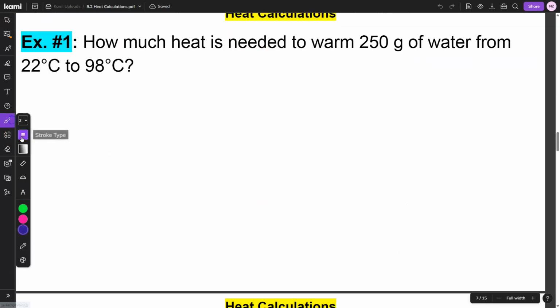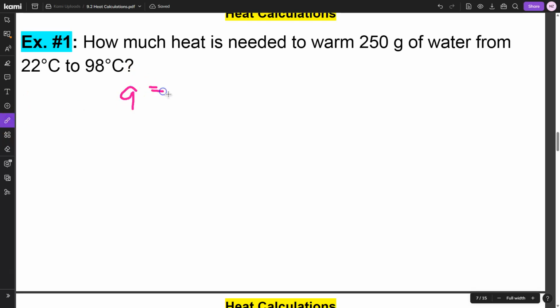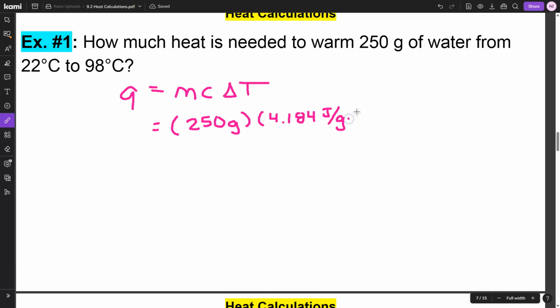So I'm going to set this up, and our equation is going to be Q equals mc delta T. All right, so we have 250 grams of water, and I'm going to need that specific heat capacity that we looked up on the table for water, which was 4.184, and the units for specific heat capacity are joules over grams times degrees Celsius.